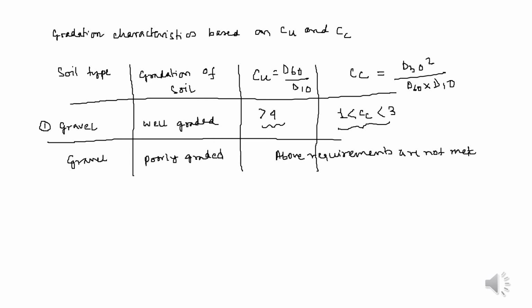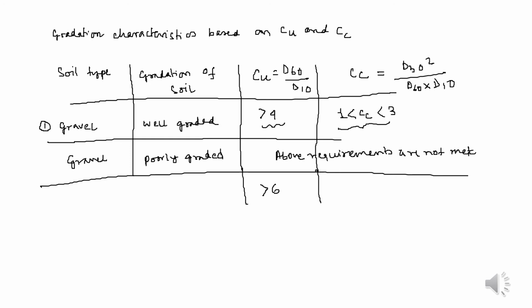Again, suppose we observe a particle size distribution curve of a soil and we find my Cu value comes greater than 6 and my Cc value comes between 1 to 3. So we can say my soil is a sand which is well graded.